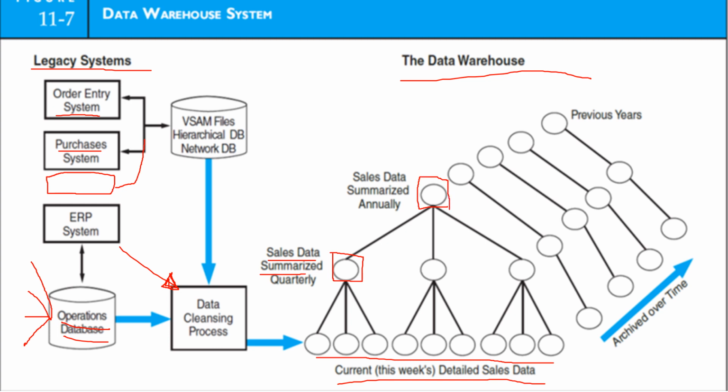The update is not based on transactions. The transaction is updated in the operational database, and then when we extract, capture or snap the data, we bring the information into here. This is an example.